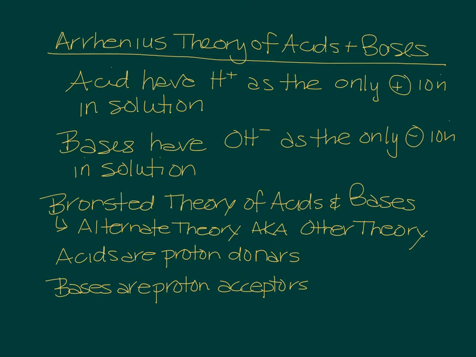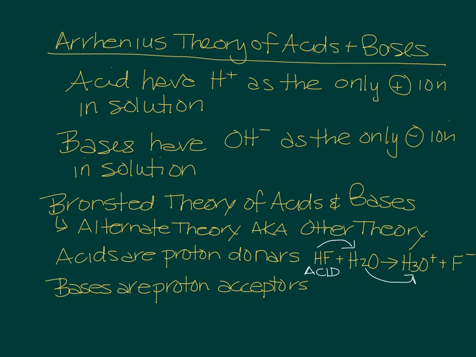So if I had HF, hydrofluoric acid, plus H2O, and it formed H3O plus and F minus, you need to see what's happening in the equation. You can see that HF is giving an H to H2O because it becomes H3O. So this is considered a Bronsted acid because it is donating a proton.